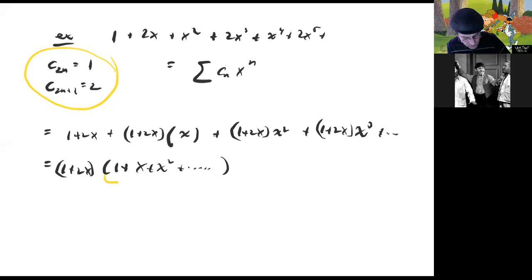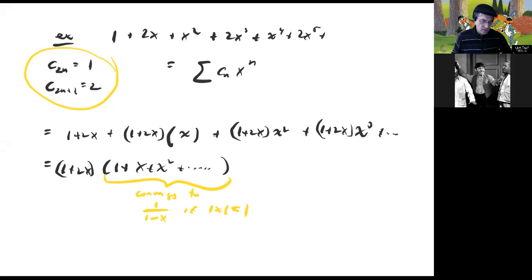Now we know that this power series is geometric and will converge to 1 over 1 minus x if the absolute value of x is less than 1, and otherwise it will diverge.